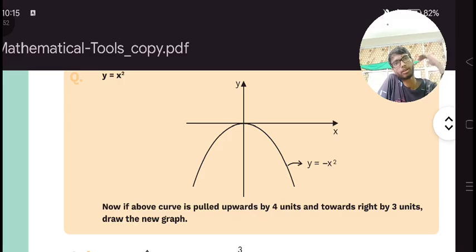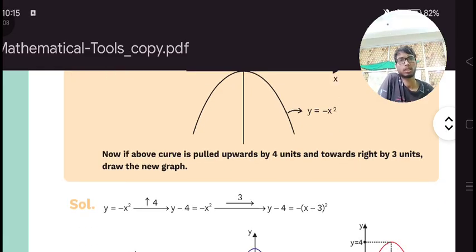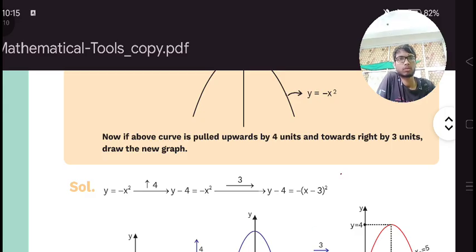Hold on, if it is going upward, suppose y minus 4 and x minus 3 raised to power 2, this is what is happening. So here x minus 3 raised to power 2 and then y minus 4, because both are going in the positive axis, isn't it? That's why. So yes, I am correct.